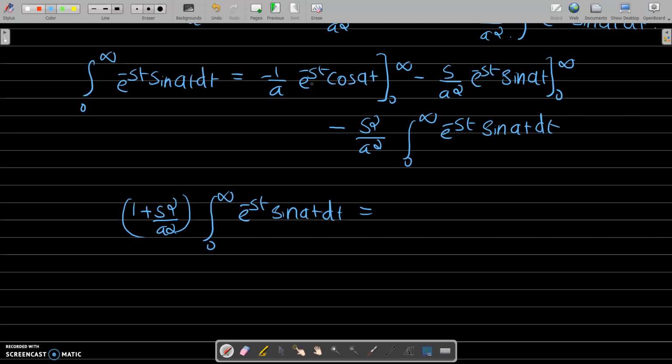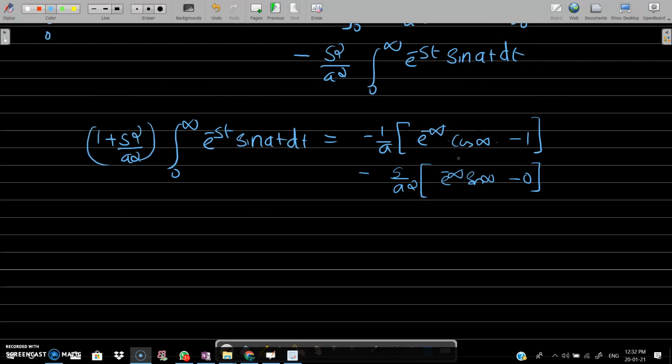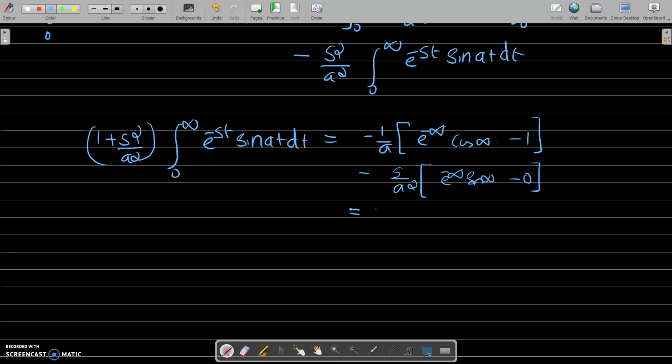Again e raised to 0 applied, that's equal to minus 1 by a into. So this is the infinity when I am substituting the limit, and this is equal to minus 1 by a into, this is 0 minus. Here it will be 0, total 0. So in turn this is 1 by a.